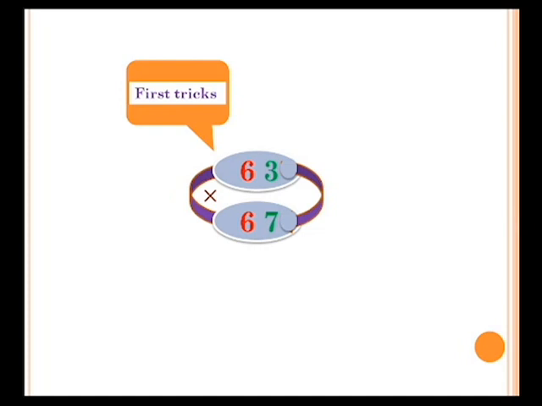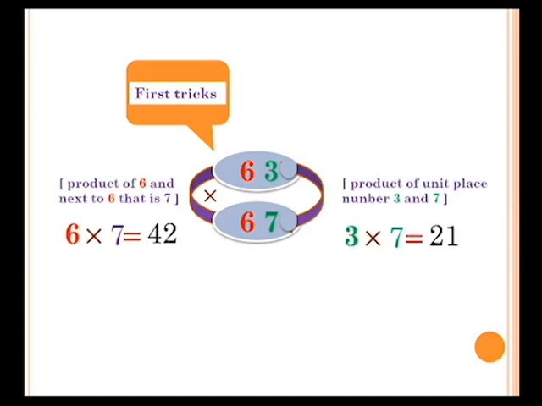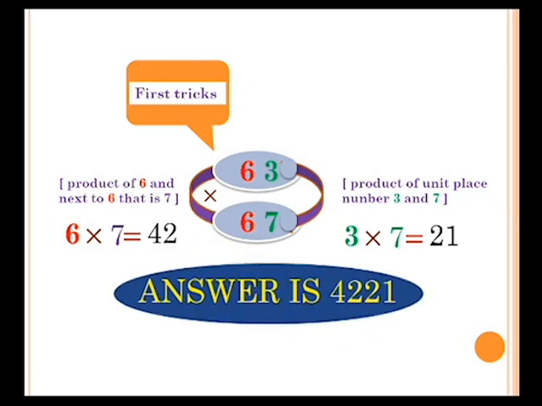Then take the product of the unit digits 3 and 7, we get 21, and write these two numbers close to each other. We get the answer 4221.